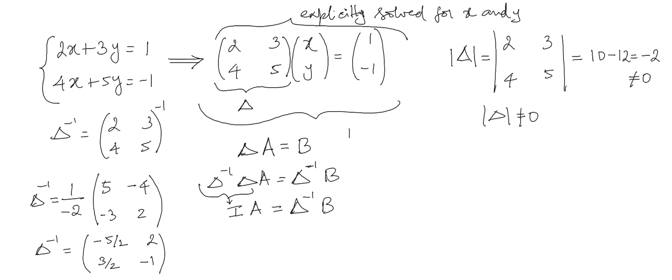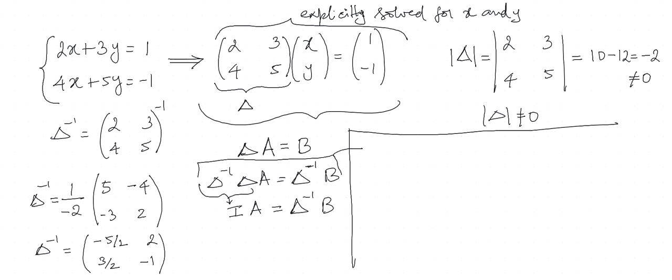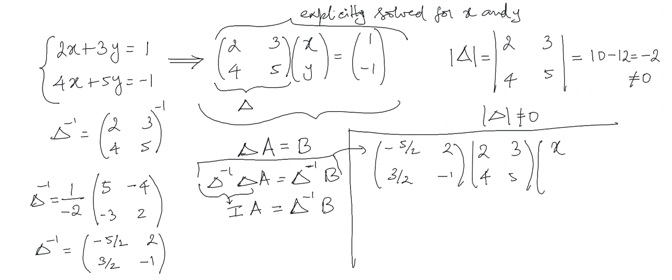The equation can be written as minus 5 over 2, 3 over 2, minus 1, multiplied by 2, 3, 4, 5, and the whole thing multiplied with x, y, equals the inverse matrix minus 5 over 2, 2, 3 over 2, minus 1, multiplied with 1 and minus 1. Is that okay? Yes, sir.